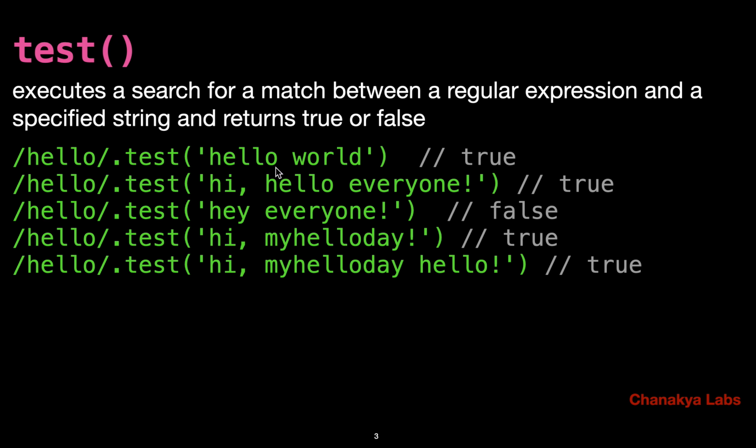Later we'll see that if we write L plus O or something, then it can match HELLO, HELO, and HELLLO also. But right now, when nothing is there, plain and simple, it is an exact match, and that's why this is giving you true.